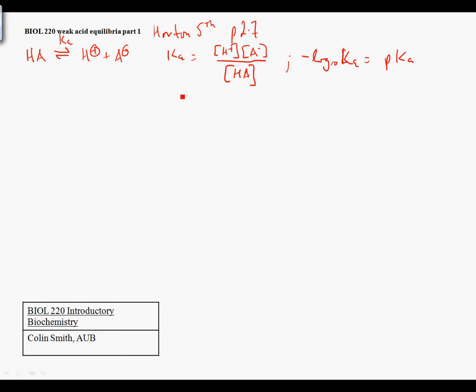Likewise, you may remember that the hydrogen ion concentration is what we're often interested in, and we have a similar symbol pH to represent the negative log 10 of the hydrogen ion concentration, and that's often what we care about.